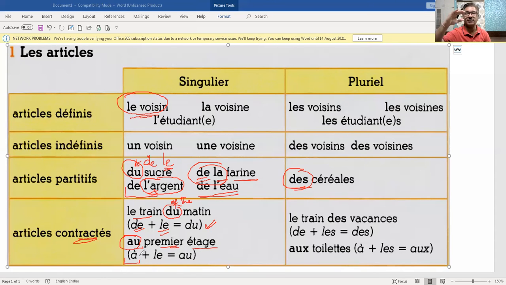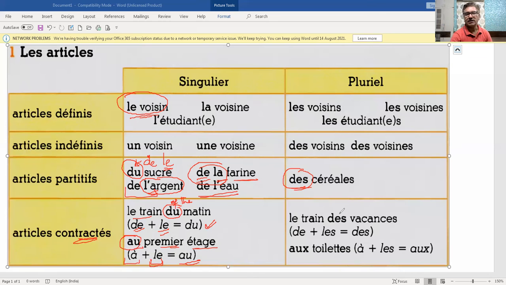It is represented by à with accent grave, plus masculine article le before the masculine noun, of course. Then it becomes au. We have to combine these together. So these are called article contracté. They get contracted when the article is used with the prepositional word. They get combined, contracted.